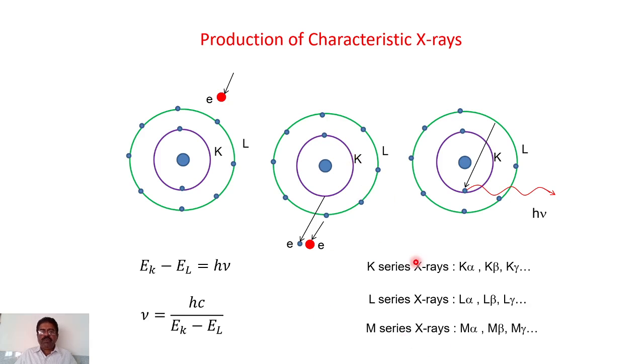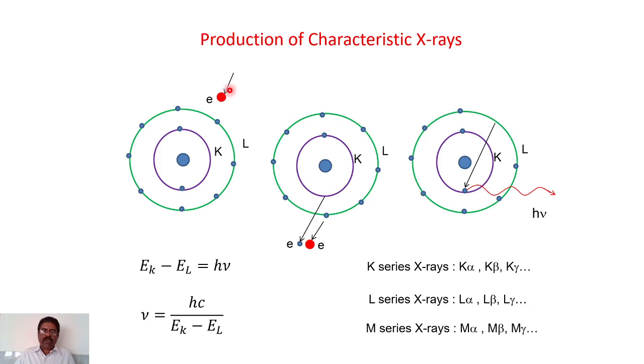Now in each particular series, there is further characteristic X-ray nomenclature. For example, K alpha X-ray, K beta X-ray, K gamma X-ray. So let us see how these names are given, which X-ray is K alpha, which is K beta, which is K gamma. Let us consider a typical example.